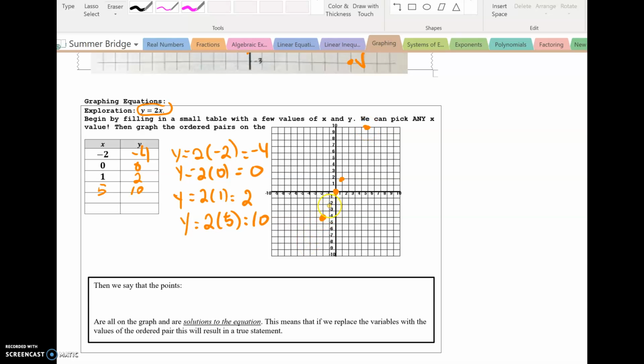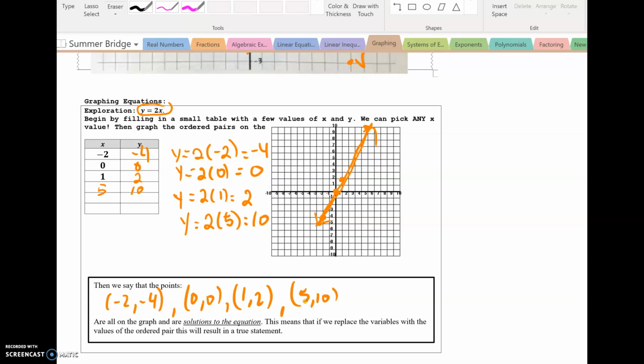Finally, connecting all of these points, you would end up with a line. Let's pretend mine is straighter than it actually is. We say that all these points, -2, -4, 0, 0, 1, 2, and 5, 10, are all solutions to the equation y equals 2x.